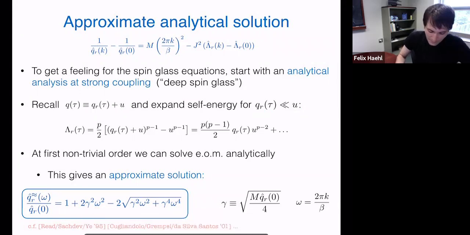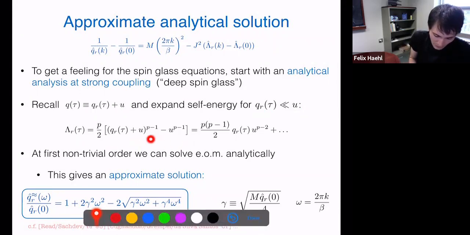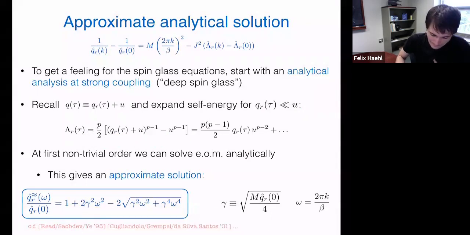In particular, we can take this self-energy with all its U dependence and expand it for small Q_R. And in this perturbative approach, we can again solve the equation of motion analytically. This is valid at strong coupling.